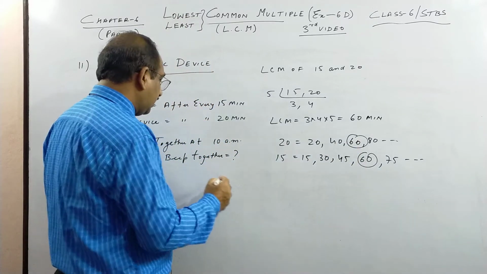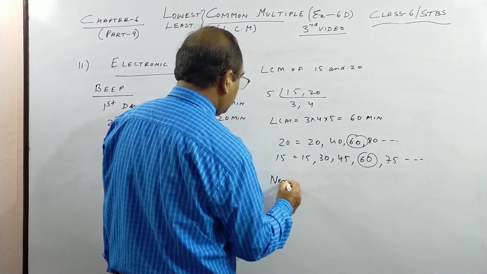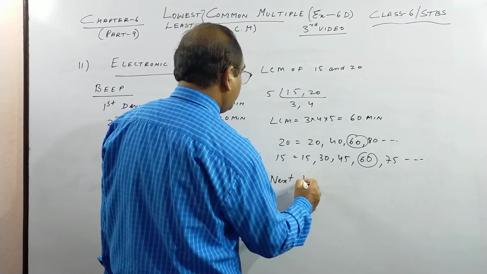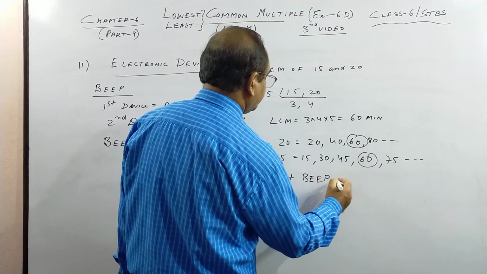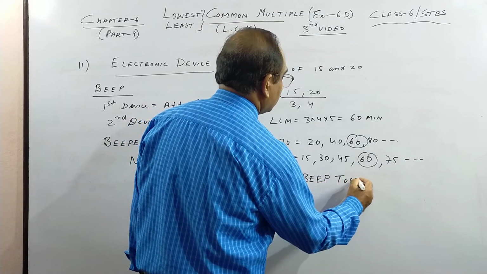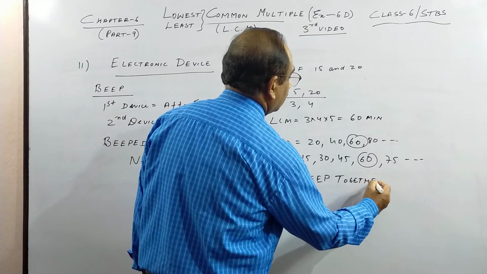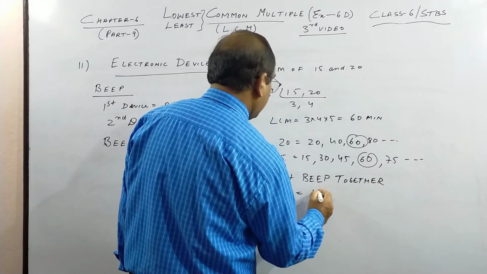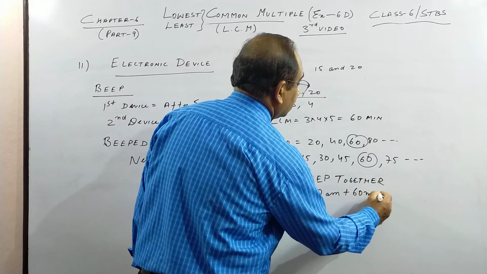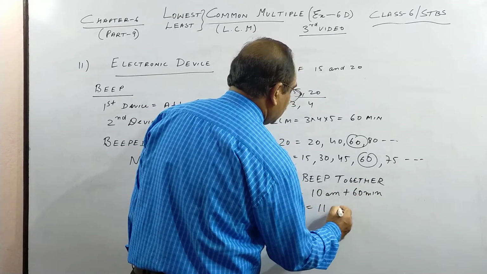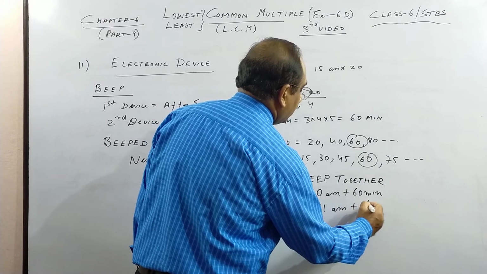So your answer is next. When will they next beep together, as I have explained, you add 60 minutes to 10 a.m. So children, 60 minutes means 1 hour.